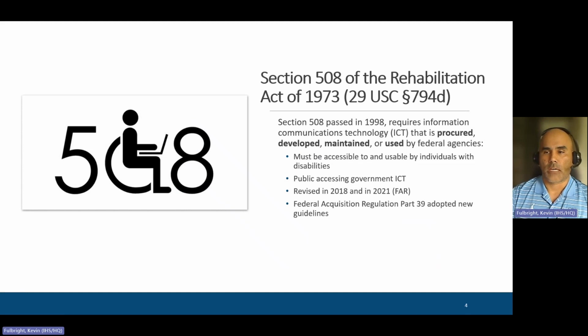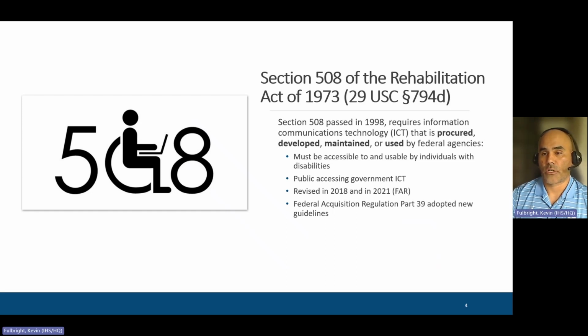The Rehabilitation Act of 1973 is a federal law prohibiting discrimination on the basis of disability in federal jobs, federal contract work, and all federally funded programs and activities. The 508th Amendment was established in 1998 during the internet and computing boom of the 1990s.